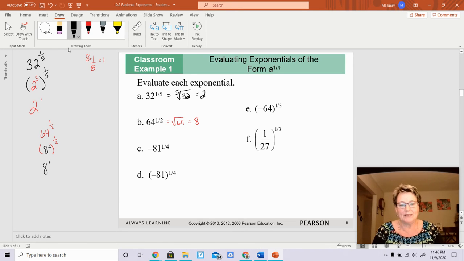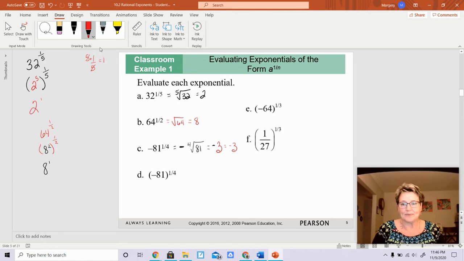Now this problem here has a negative on the outside. Everyone, the negative is on the outside. The only thing that's to the 1/4 power is 81. So I'm going to have the negative of the fourth root of 81. And we know from the list that I told you that you had to memorize that the fourth root of 81 is 3. So a negative times 3 is a negative 3.